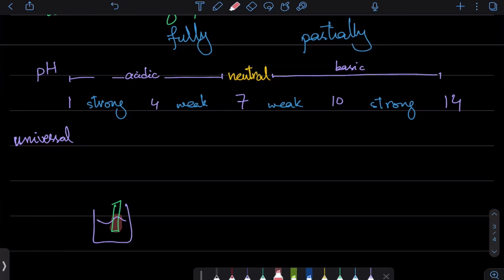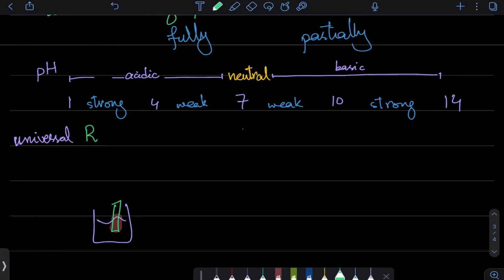That color you will match with the color chart. Every universal indicator comes with a color chart. That, okay, blue means 14, green means 7, all of that. So you match it to the color chart and you're like, okay, this must be the pH. So here's how it goes. The pH is 1, so the color will be a dark red.